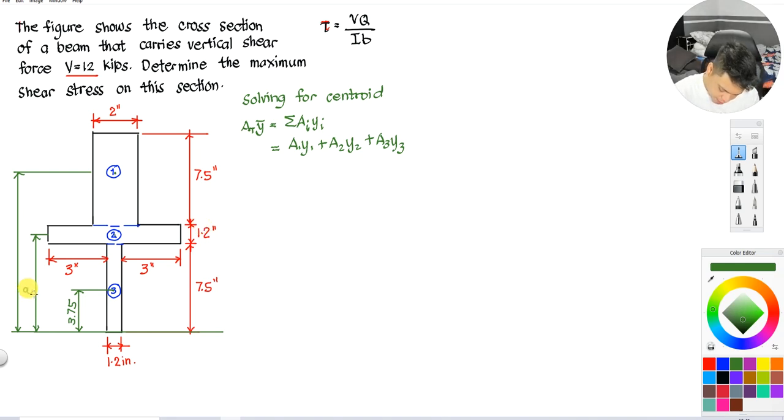And here, 7.5 plus 1.2 plus half of 7.5, that is 7.5 plus 1.2 plus 7.5 all over 2. So that's 12.45.